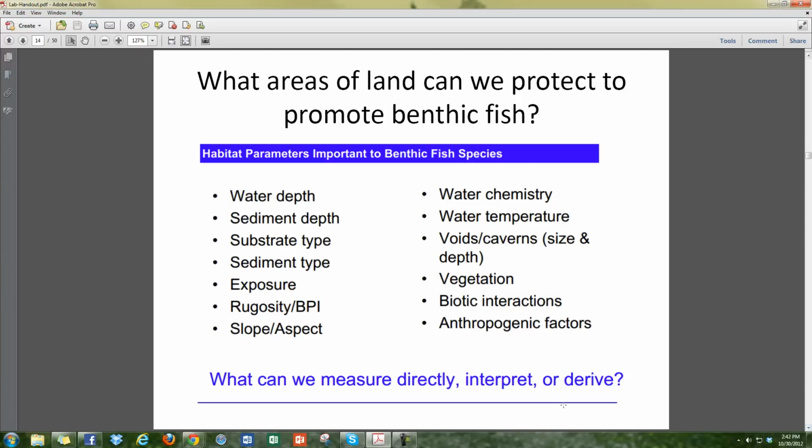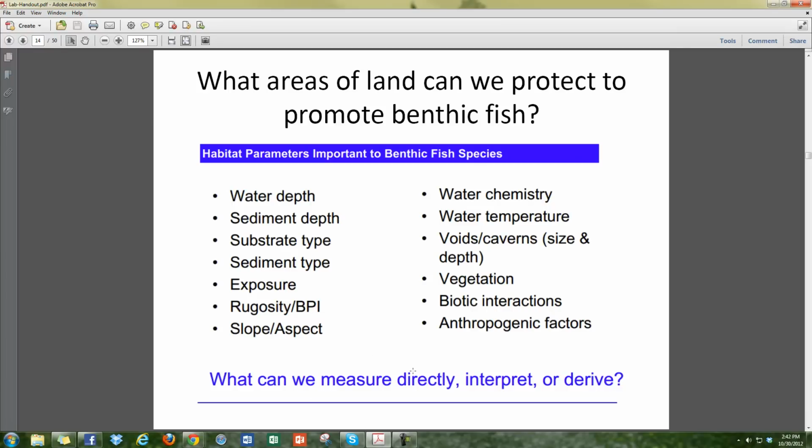And you can see here are the parameters that are very important for Nemo to reproduce: water depth, sediment depth, substrate type, sediment type, exposure, rugosity, which we calculated from slope, and then water chemistry, water temperature, caverns, voids, so a lot of those valleys are interesting, vegetation, biotic interactions, and of course anthropogenic factors, which are man-made impacts on the environment.